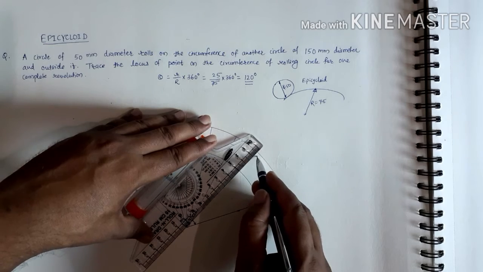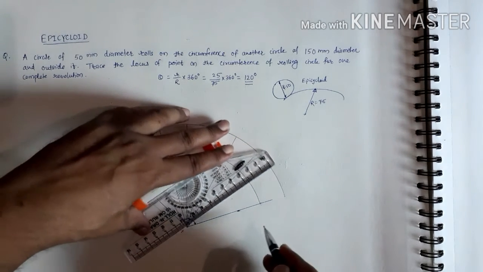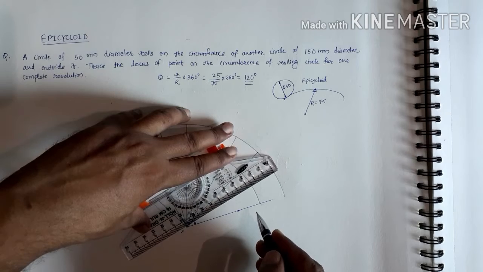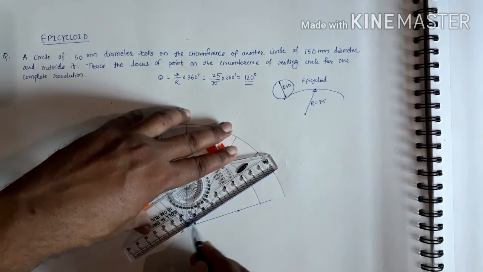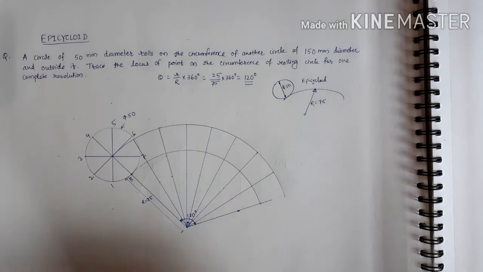So this curve is divided in 8 parts, same way how we divided for circle. So this is third step.